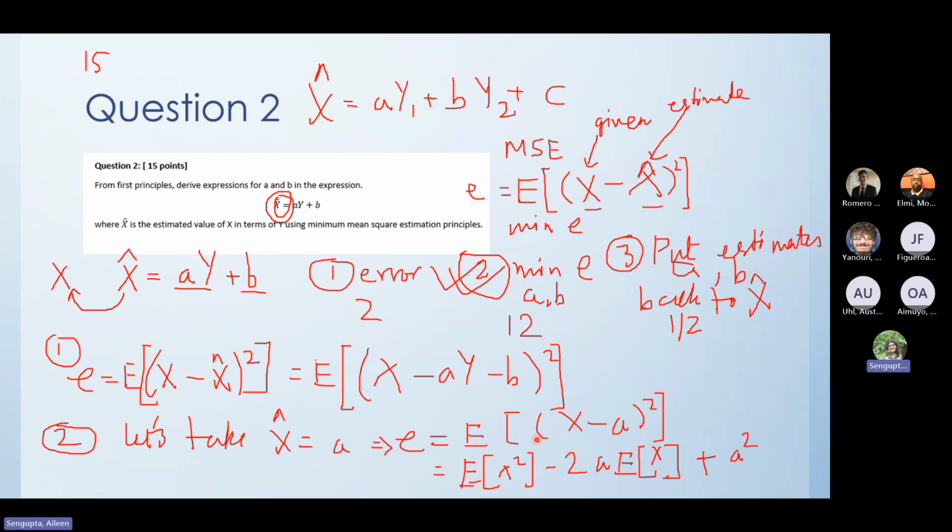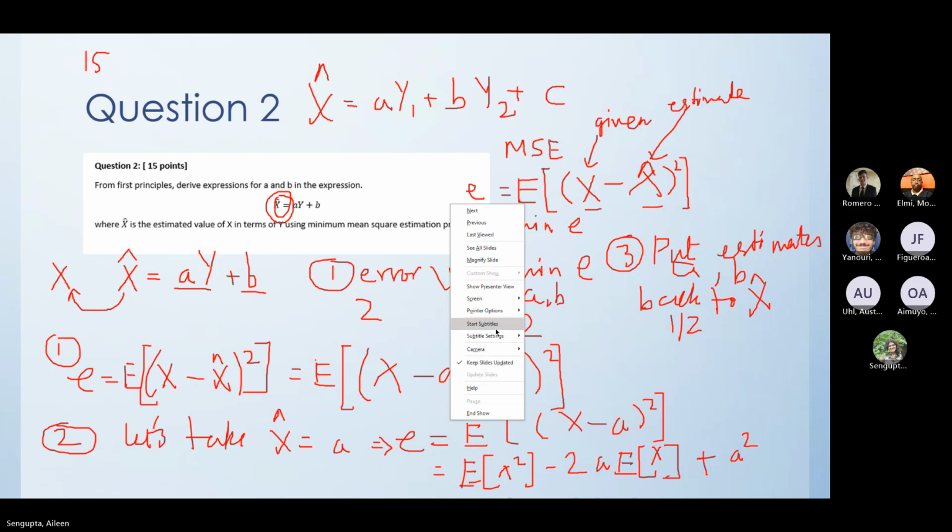But the expected value only works on the random variable. It doesn't have anything to do with constants. So if a is a constant, the expected value of a is a, and the expected value of a squared is a squared. It doesn't have any effect. That is the expansion, and that is exactly how the expected value operates on random variables.